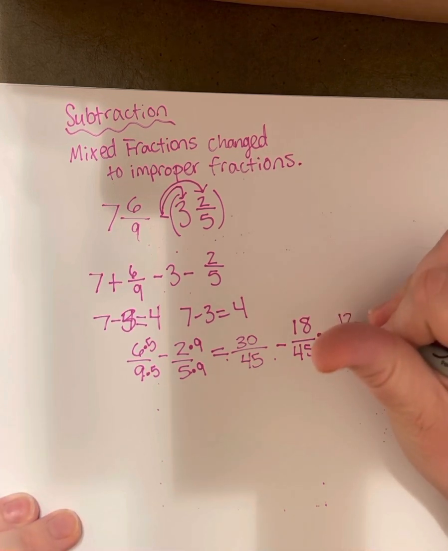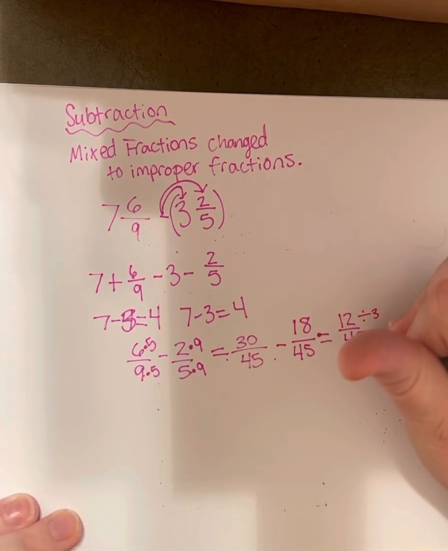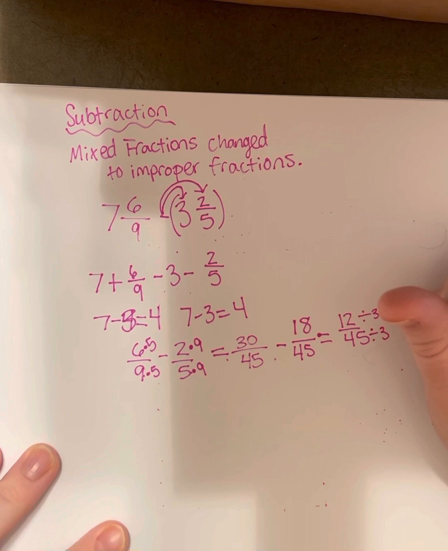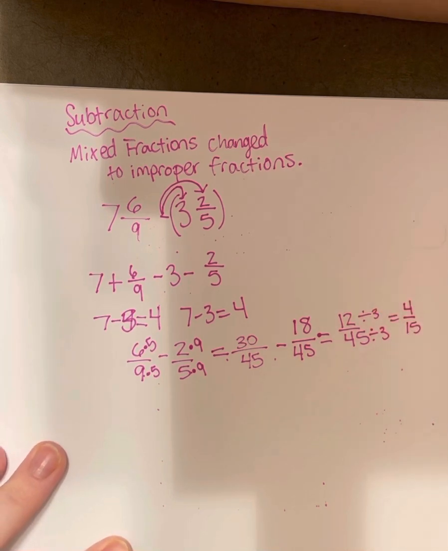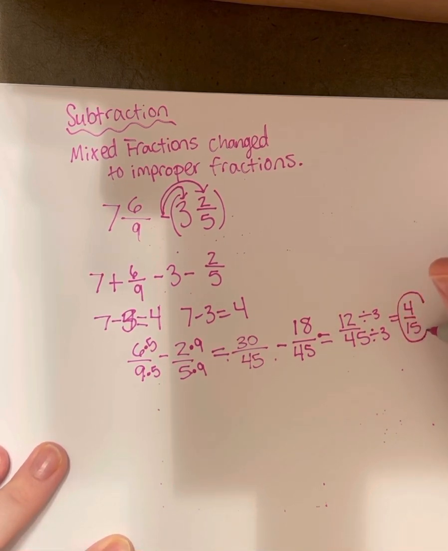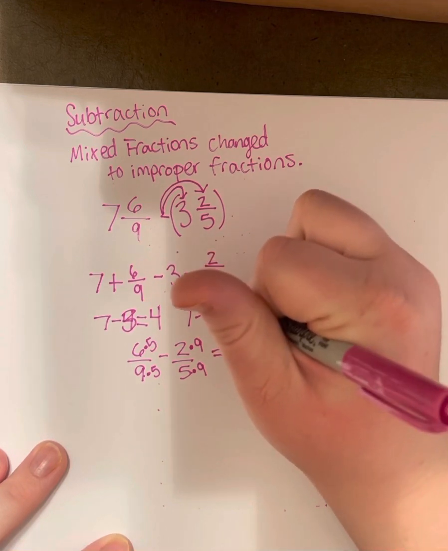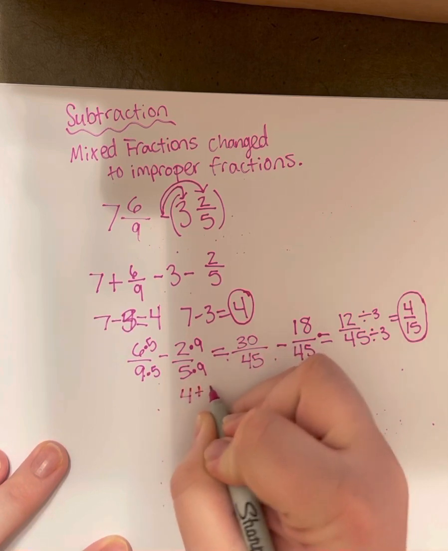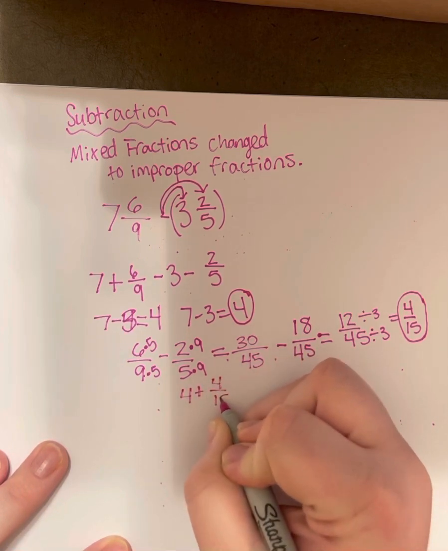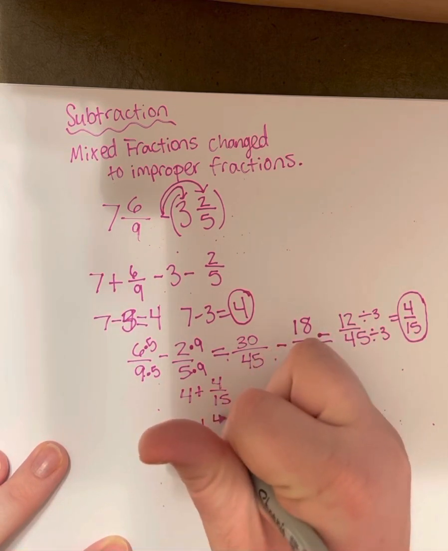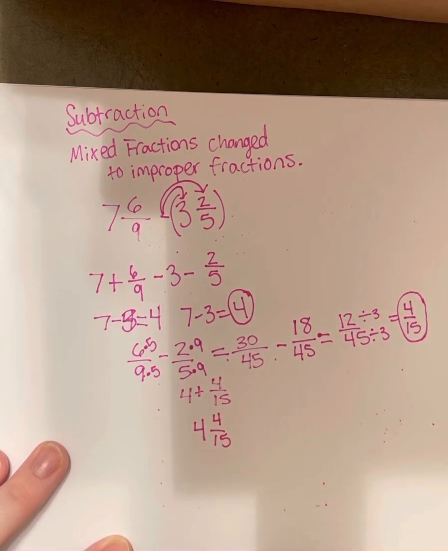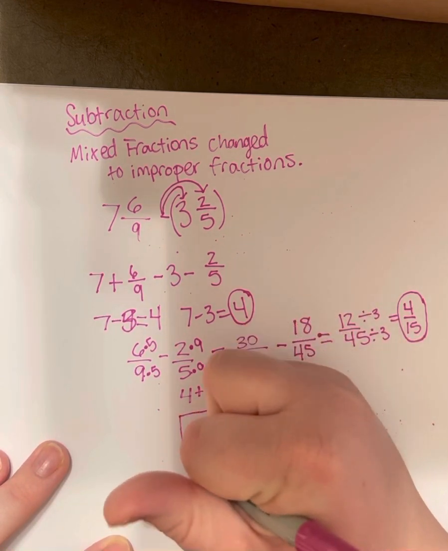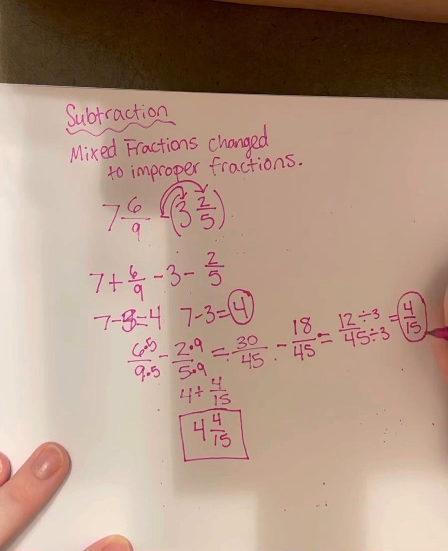So if we do 12 divided by 3 and 45 divided by 3, we will get 4 over 15. Okay, so our answer for this part is 4/15. And of course, we have to remember that we had a whole number, and it was 4. So then we need to add those two together, and we would get 4 and 4/15. So our final answer is 4 and 4/15.